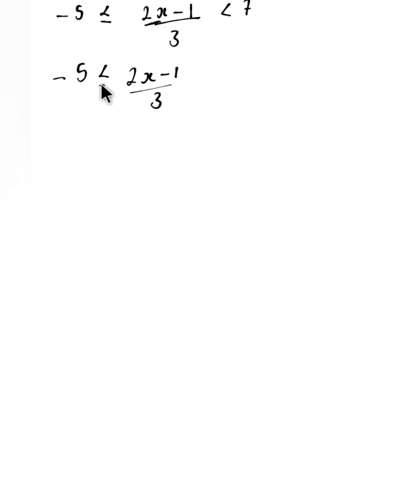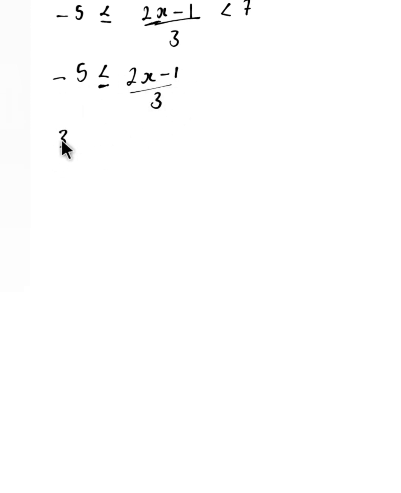So what will be the first step we can take? Well, we're going to multiply both sides by 3. The point is we will need to eliminate this 3 over here. So to eliminate this 3, you need to multiply both sides by 3.